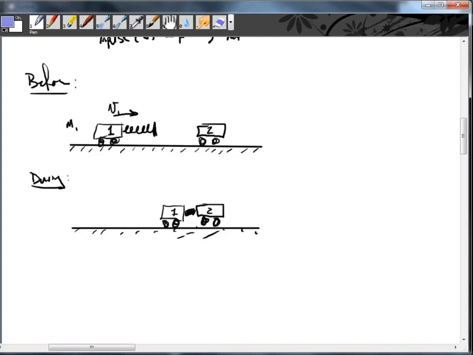So 2 is going to experience a force in that direction, the force of 1 on 2, as well as 1 experiencing the force of 2 on 1.